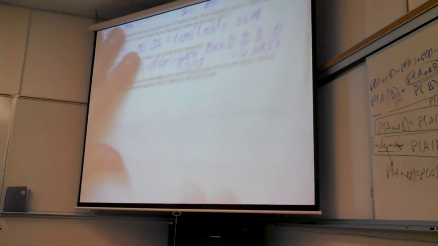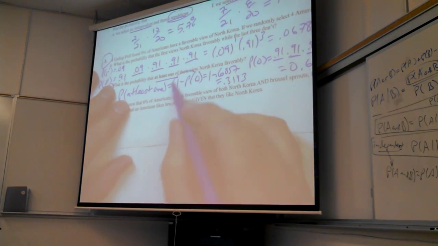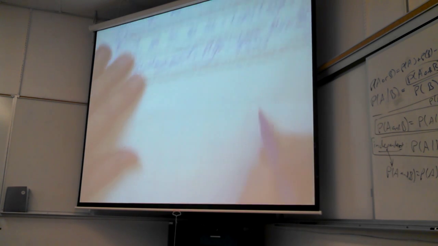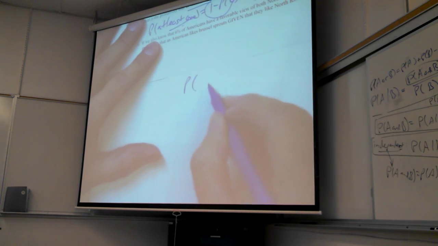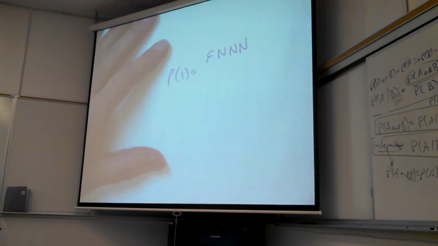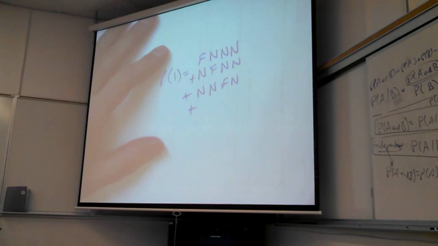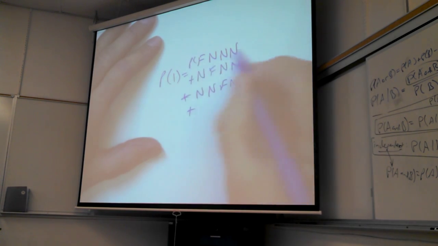So if you wanted to do that problem straight up without doing this idea here, you would have to do the probability of 1, and there are several things. How do you do the probability of one? Well, it could be the first one's favorable and the other three are not. Is that cool to use F and N for that? Favorable and not favorable. Or not favorable, favorable, not favorable, not favorable. Or not favorable, not favorable, favorable, not favorable. Or, see how I keep saying or? That means add the probabilities, right? So each one of these is probability of that, probability of that.